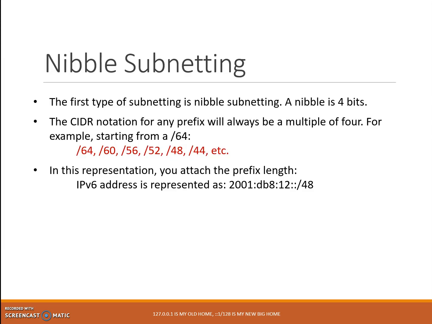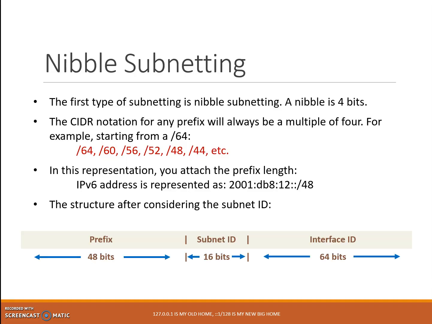For each subnet, we will assign an ID, and the bits used to assign the subnet ID are allocated from the first part of the IPv6 address, which is the global routable prefix. Therefore, the structure of IPv6 will be like that, and this is the typical structure: 48 bits for the prefix and 16 bits for the subnet ID, and the interface ID is fixed at 64 bits.